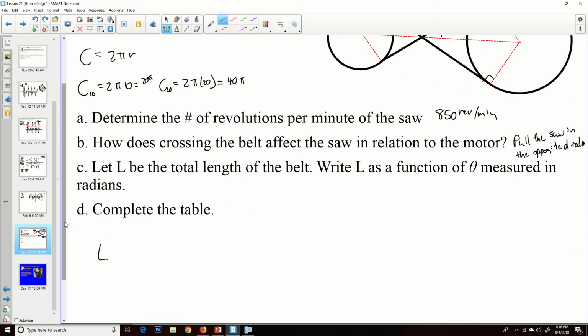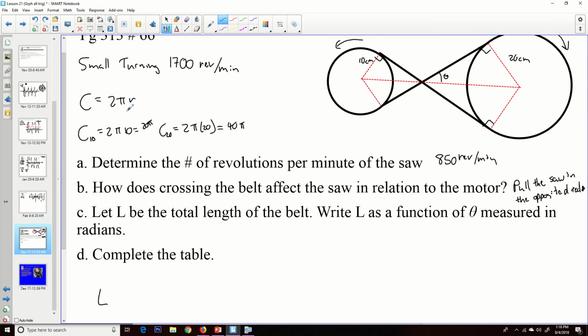If you think about it this way, from here to here I'm going to call this L1 capital, and so this distance here will be L1, and that distance will be L1. From here to here, we'll call that L2, and then that one will be L2. And it changes from here around to there.